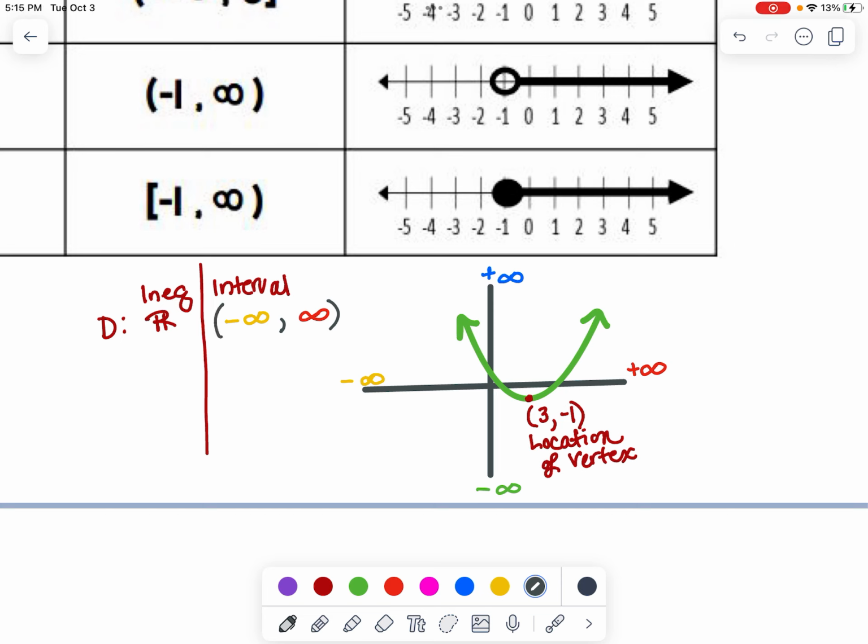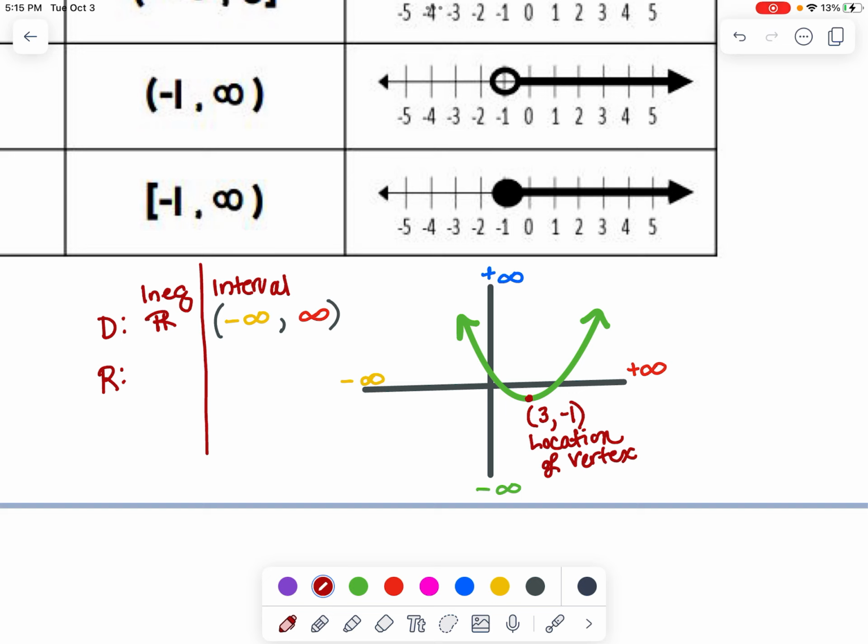Let's look at range. So for range, does this go up and down forever? No, it doesn't. So how far up does it go? It goes up forever. How far down does this go? The lowest this goes is -1.